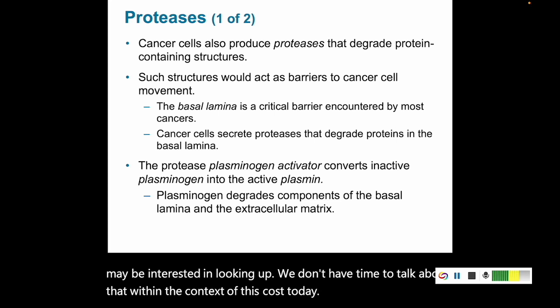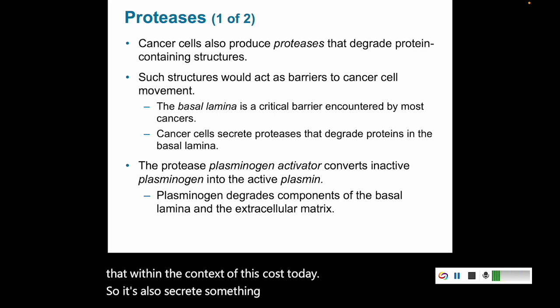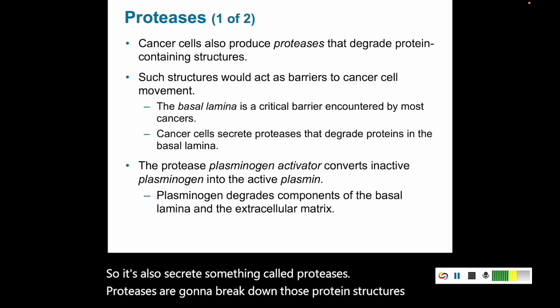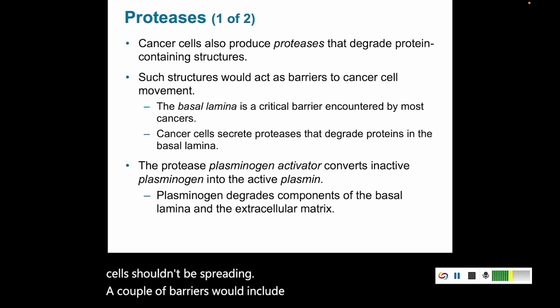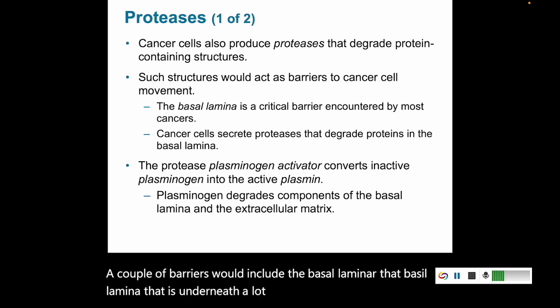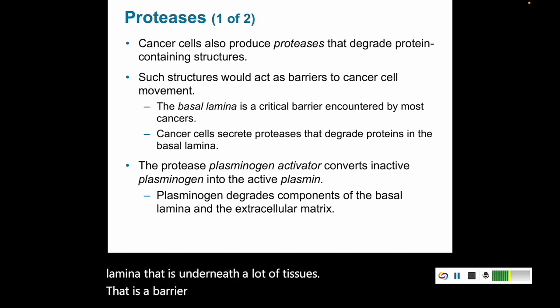Cells also secrete something called proteases. Proteases are going to break down those protein structures that normally form a barrier, form that fence around regions where the cells shouldn't be spreading. A couple of barriers would include the basal lamina. That basal lamina that is underneath a lot of tissues is a barrier that has to be broken down.